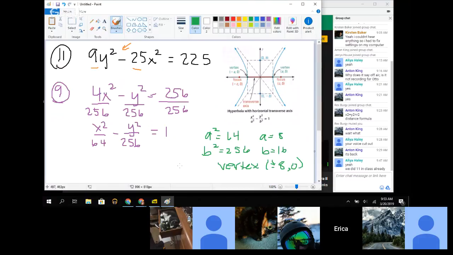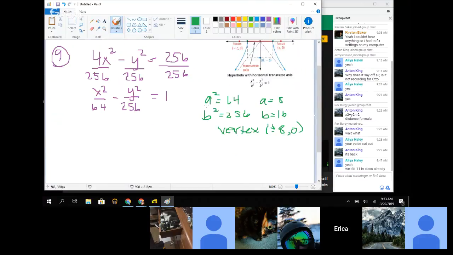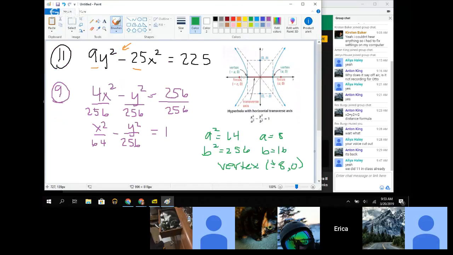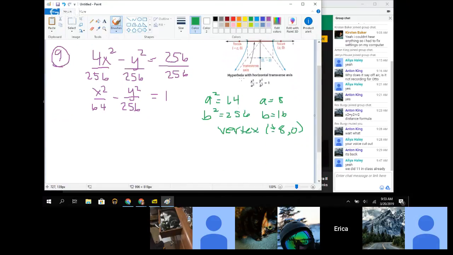I also need to identify the focus points. The focus points are that c squared equals a squared plus b squared. So 64 plus 256 equals c squared.